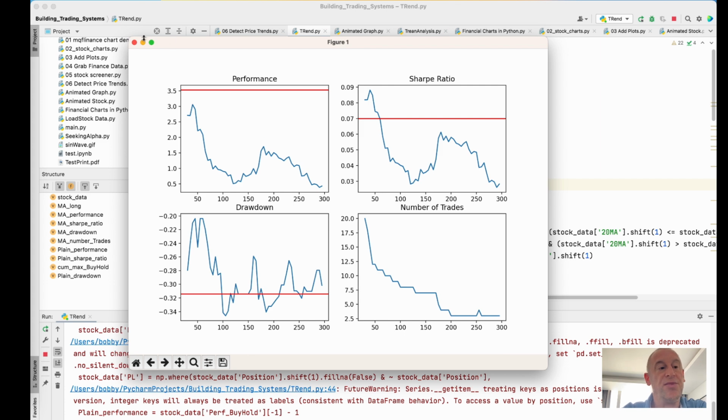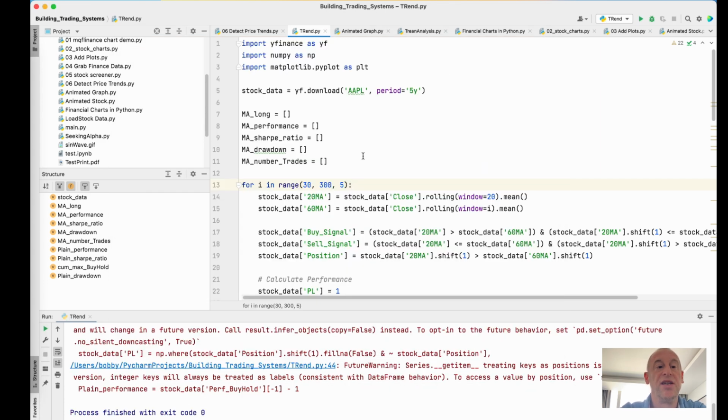Let's try something else. For example, I set a 10-day moving average here. I have to keep the name the same because the variables are used. So I optimize it starting from 10 days: 10 days, 15 days, and let's see how the results look.